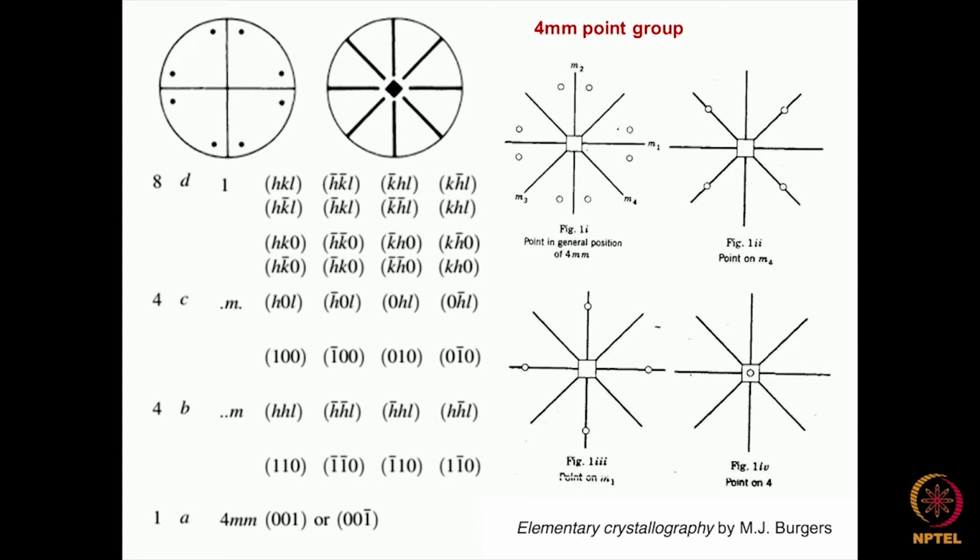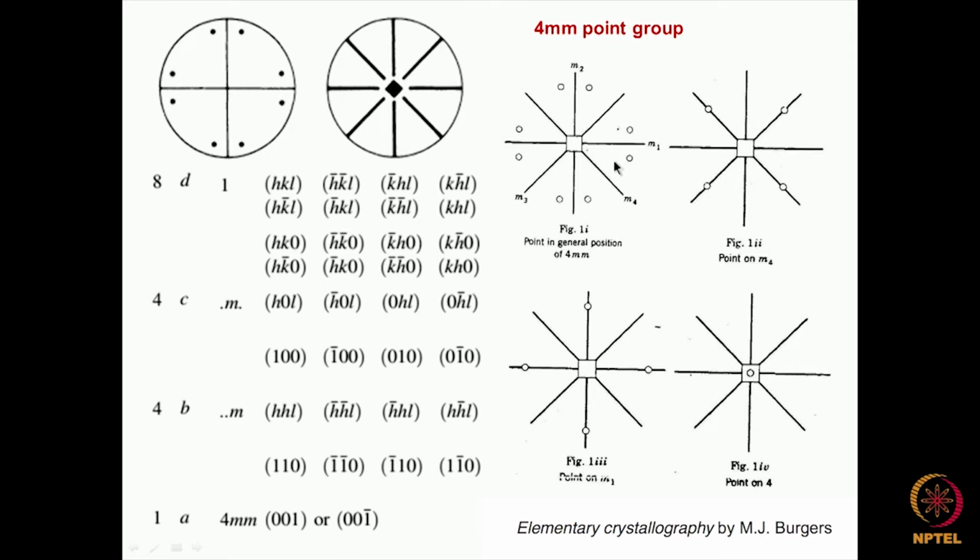On this side, I had shown that for the general position, if we put one motif around it, how the other motifs will be generated for this particular point group symmetry. One 4-fold rotation is taken here: this point is rotated from here, it comes here, and then to here, to here, to here.